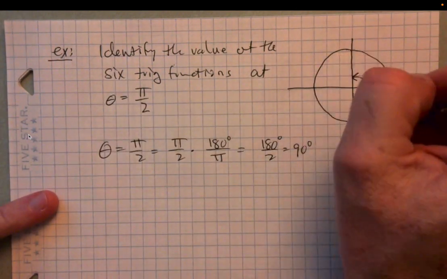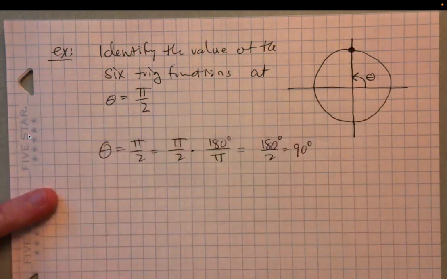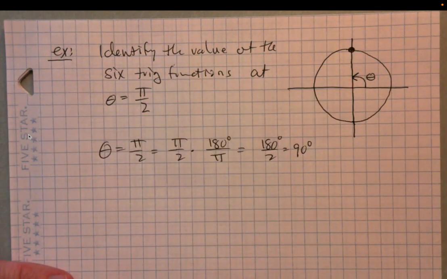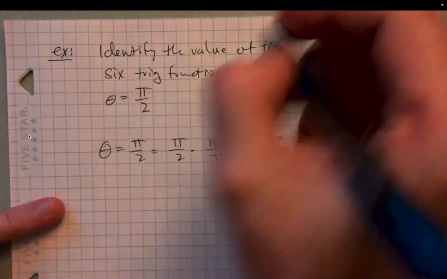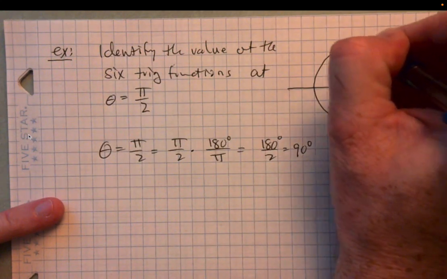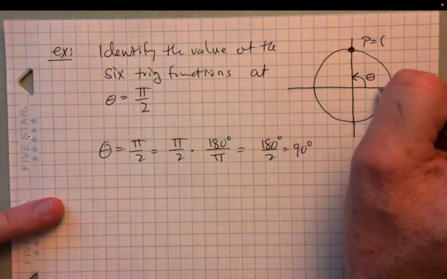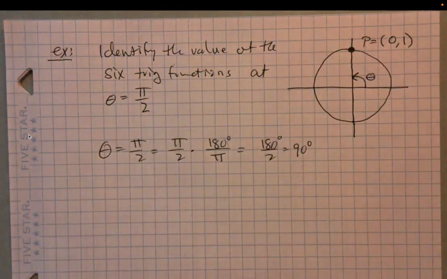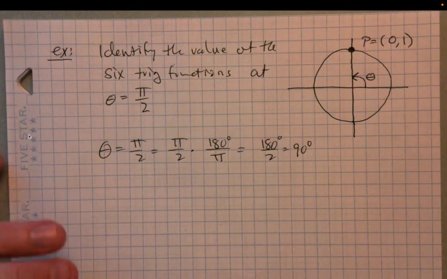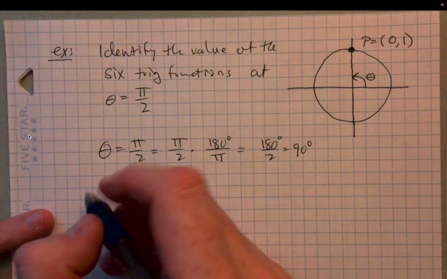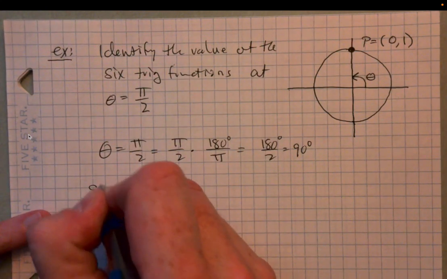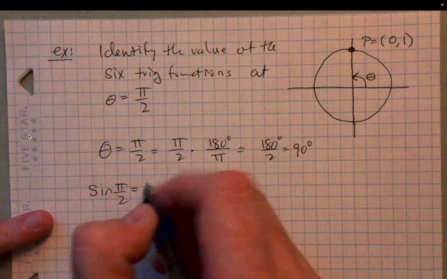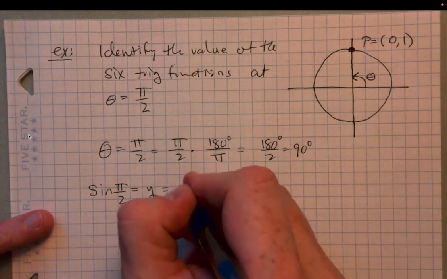Okay, and so what is the value of p on the unit circle at theta equals pi over 2? Well, p is equal to 0 on the x-axis and 1 on the y-axis. So, what's the value of the 6 trig functions here? Sine of pi over 2 is equal to y, which in this case is equal to 1.